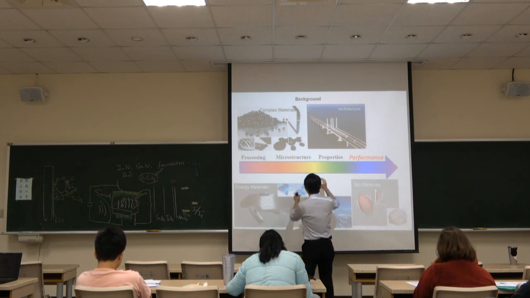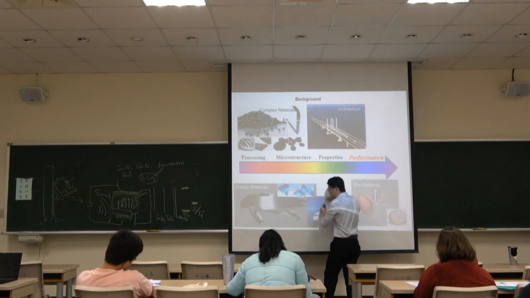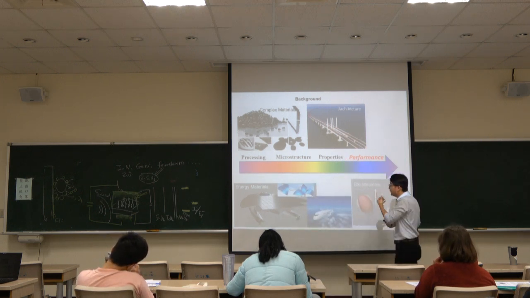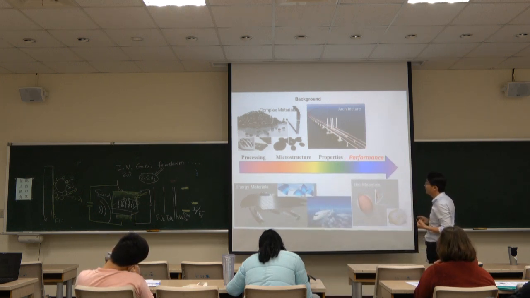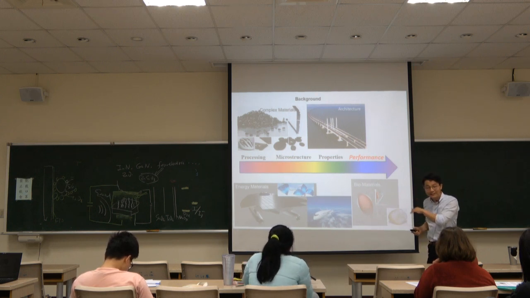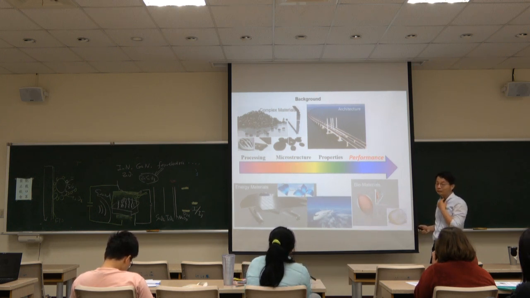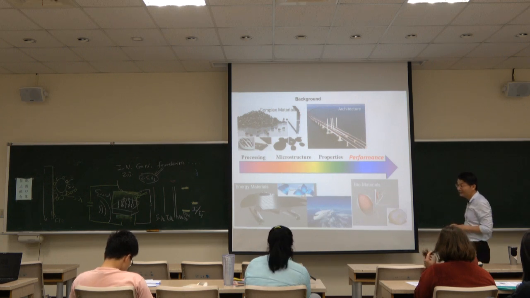So we want to understand what property we have based on your synthesis. And then we still have to understand the performance. We want to determine the best performance. So with process, microstructure, and property, we get the performance.